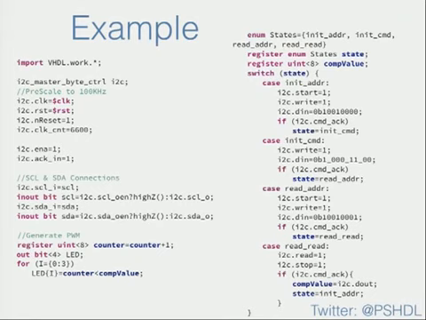I'm just accessing all the ports with I2C.clock, for example, which is the clock in port of the I2C master byte controller, which, by the way, is just a plain VHDL module, so you can import VHDL code very easily, because most of you probably don't have PSHDL code yet. I'm really hoping that this is going to change, but so far I have to live with that.